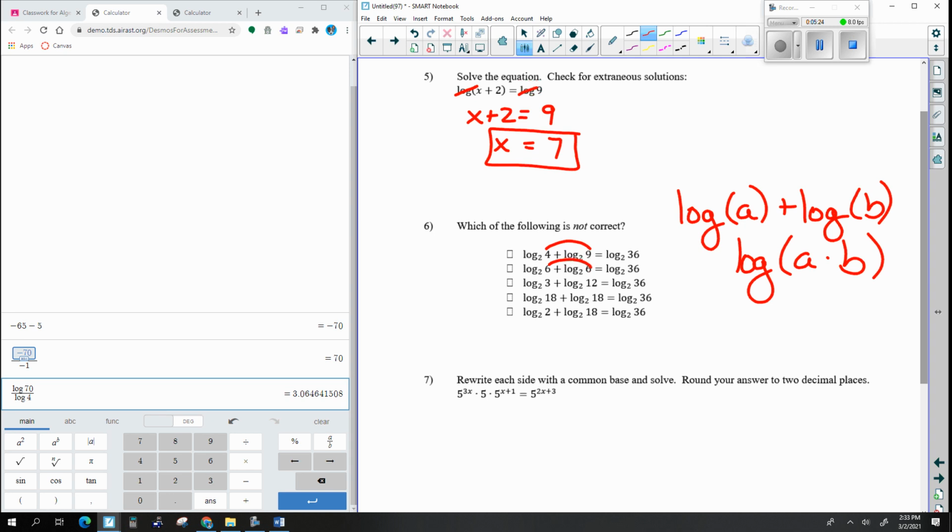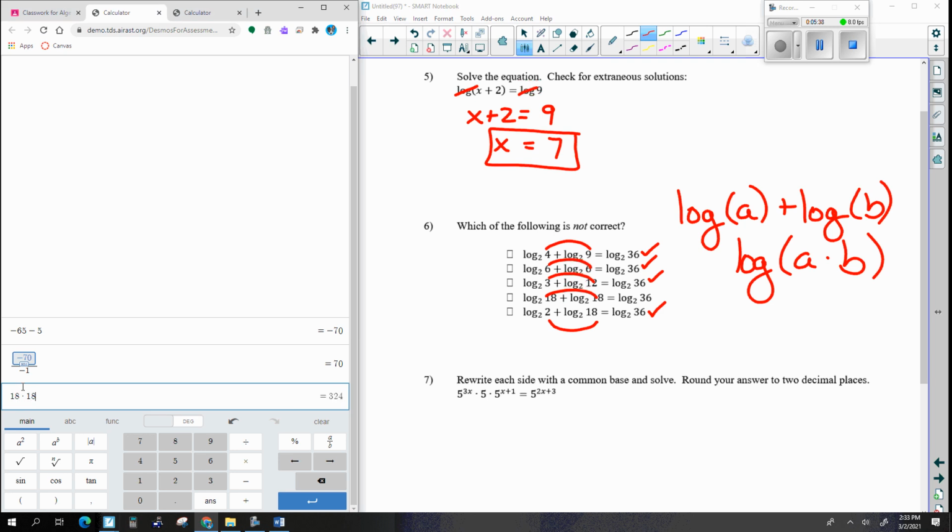Next one would be 36, whatever 18 times 18 is, and so 36. So this one's good, and I don't know what 18 times 18 is. I know it's not 36. That one's not right.